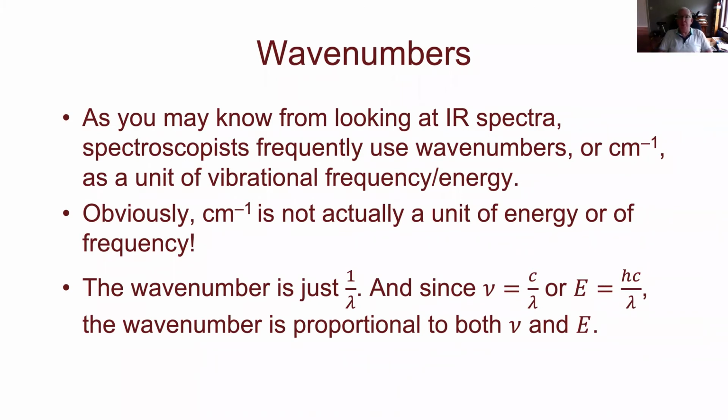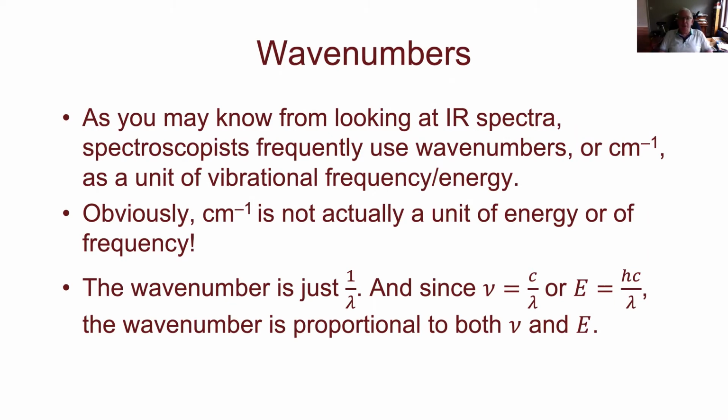Frequency and energy are proportional to one another, because E is equal to h nu. The wave number is also going to be proportional to those energies. To get wave numbers, it's 1 over lambda if you put the wavelength lambda in centimeters.